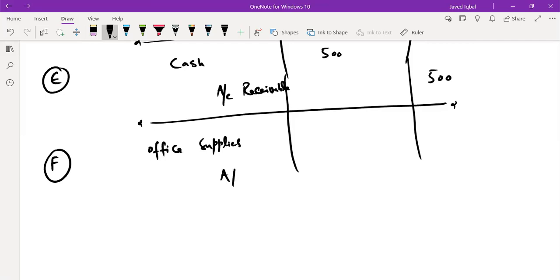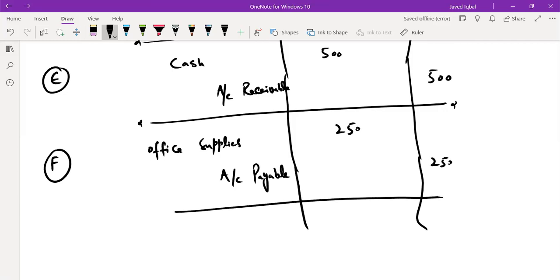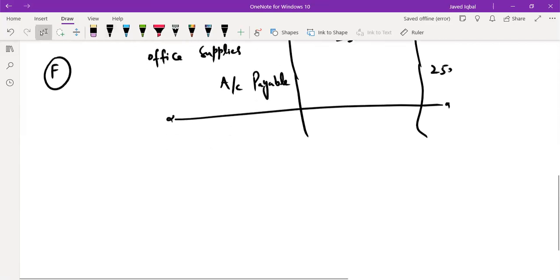On credit means they are accounts payable. So how much is it? That is 250. So we should be writing it as 250. So this concludes our transaction F.